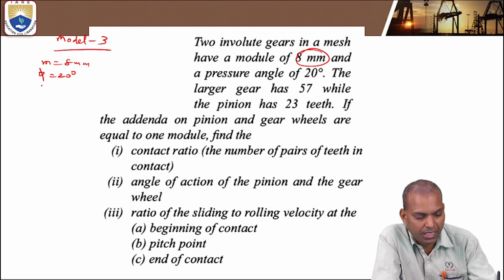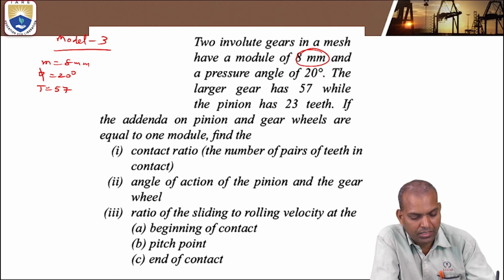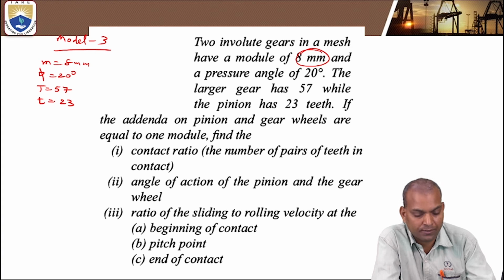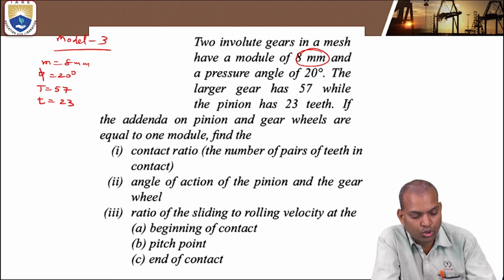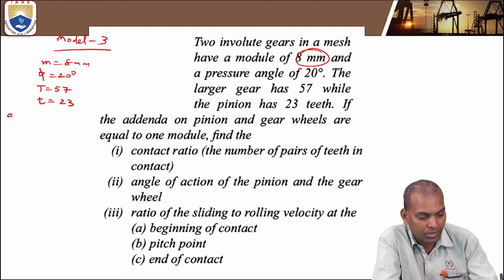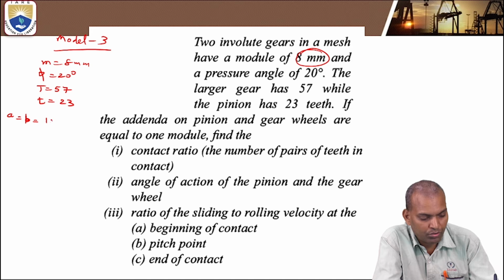The larger gear has 57 teeth and the pinion has 23 teeth. If the addenda on pinion and gear wheels are equal to one module, that equal to one module means 8 millimeters.